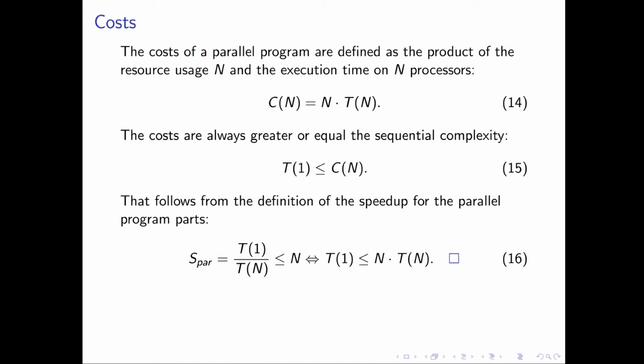We learned earlier that the execution time on a single processor, T1, is always smaller or equal to the execution time on n processors, because there is additional time for communication overhead and for waiting. From that, it directly follows that the costs of a parallel program are always greater or equal to the sequential complexity, and ideally they would be equal.